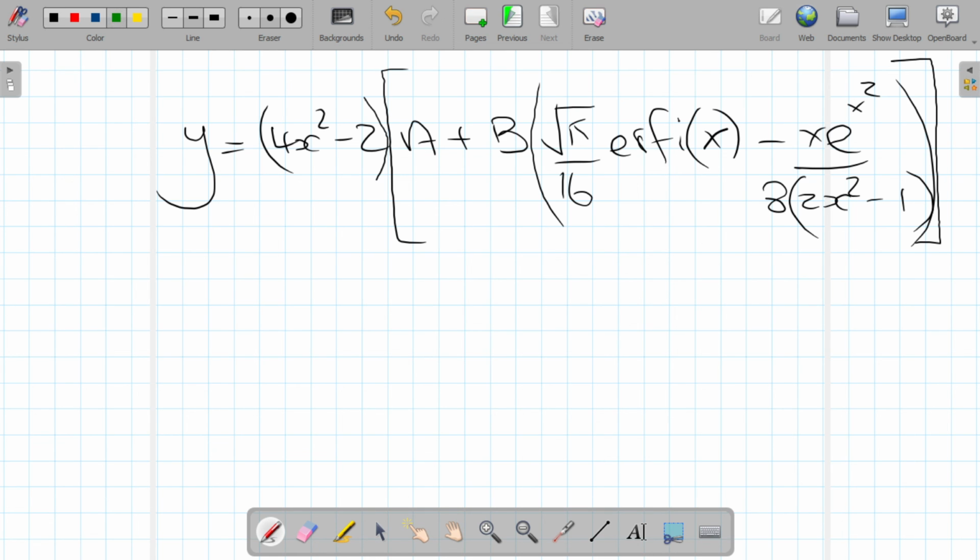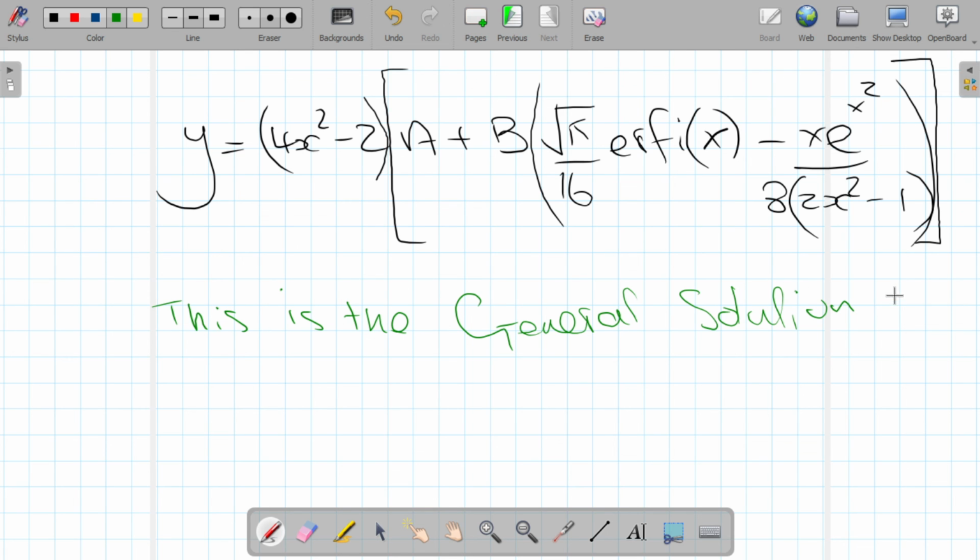I'll write that down for you. This is the general solution to the Hermite ODE.